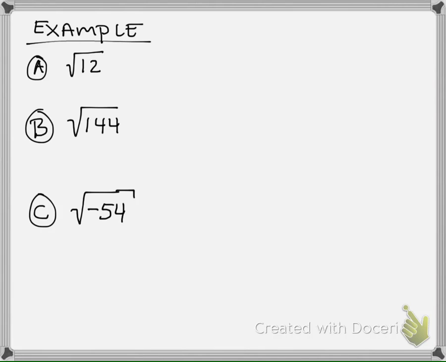Alright, let's look at these examples. Try to state the category for each one of these. Press pause so that you can do that. Okay, so the first one, the square root of 12. The square root of 12 is not a perfect square, so therefore this is irrational. The next one, the square root of 144.